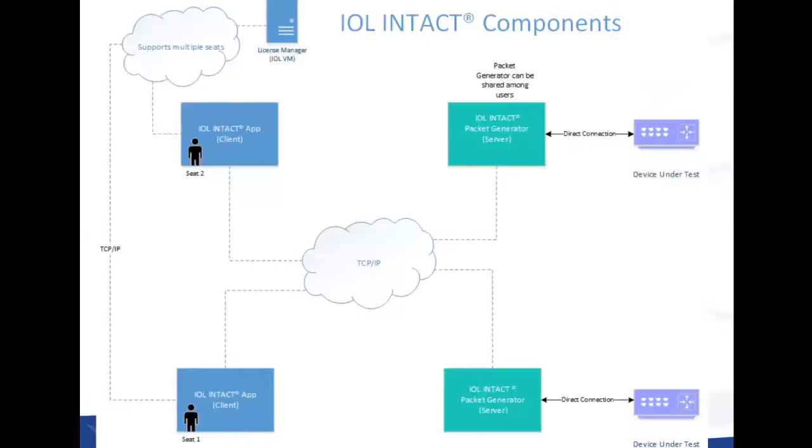The other thing being displayed here is that the client applications are going out to the license manager to request licensing at startup. The license manager is delivered as an IOL virtual machine. We're making that more lightweight than it even is today in the form of an Ubuntu PC that really makes it easy to deploy and set up.